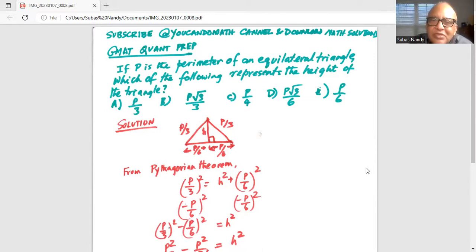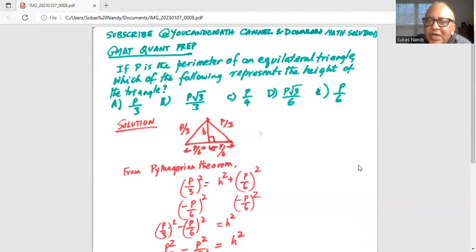So the base of each of the two right angle triangles inside the equilateral triangle is P over 6. Why P over 6, you ask? Because the base itself is P over 3, and then it is divided into two equal parts. So each half is equal to P over 6.